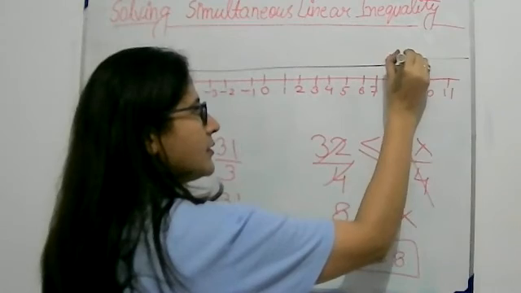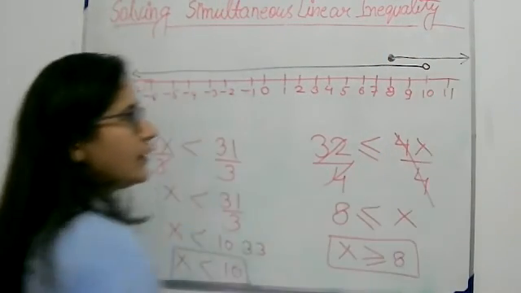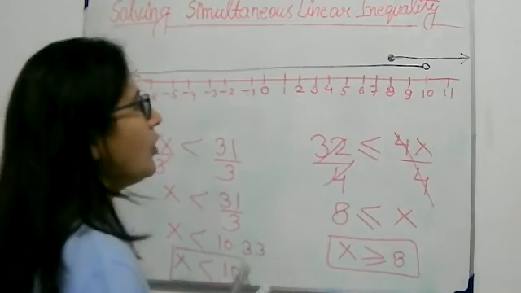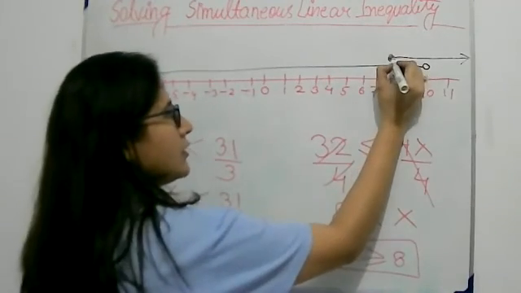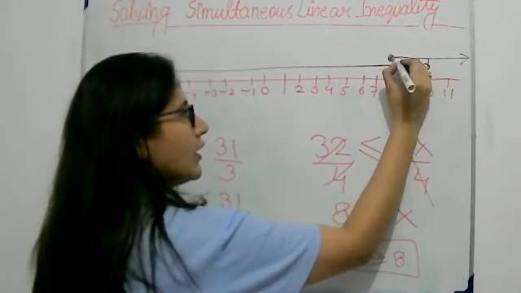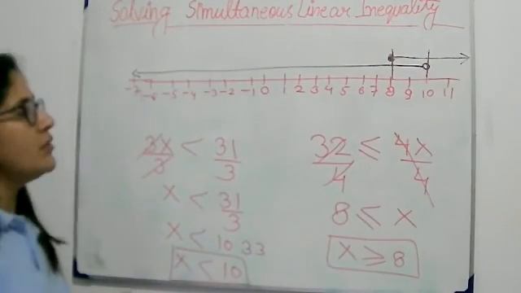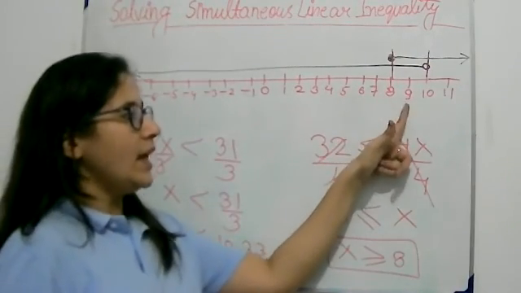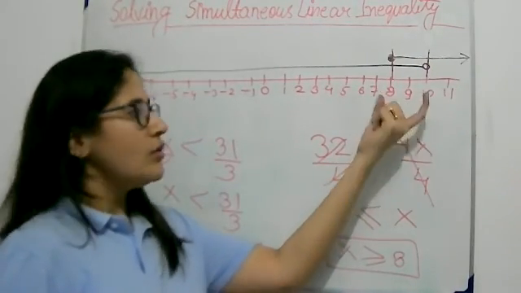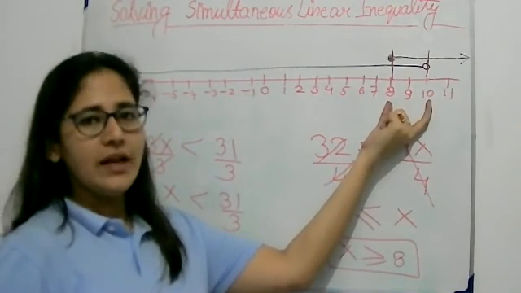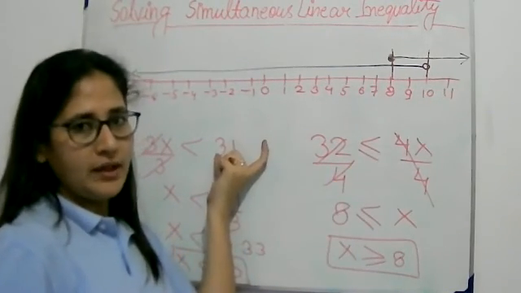Greater than, so we will represent like this. Now check what the common solutions are. So this is the only overlapping area. So the common solutions are 8, 9 and 10. So what is the answer? 8, 9, 10 are the common solutions which will satisfy both inequalities.